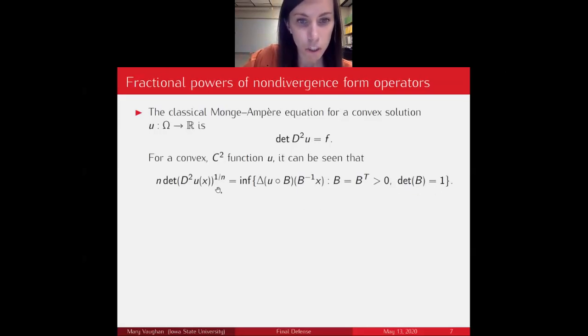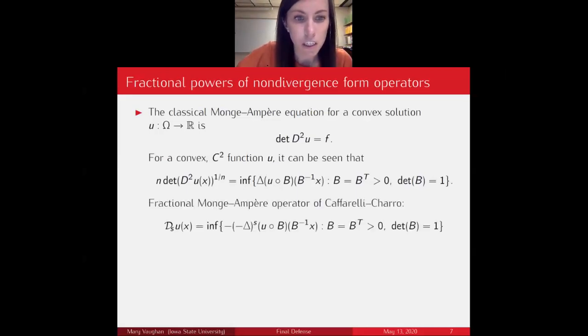What's important here are a couple things. First, this nonlinear operator is equal to the infimum of linear equations, and this infimum is attained.